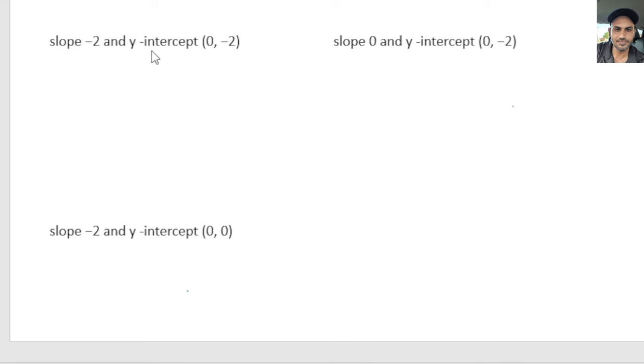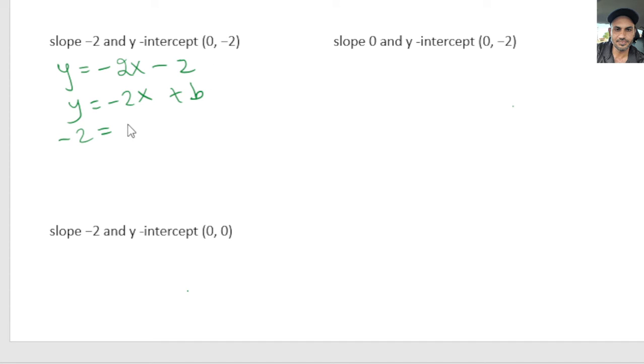We have a slope of -2 and the y-intercept is also -2. So our equation is y equals -2x minus 2 because the y-intercept is also -2. This is the easiest way to do it. The other way would be you plug in y equals, for slope you plug in -2, and for b you leave it there, and then you substitute this point for negative 2.